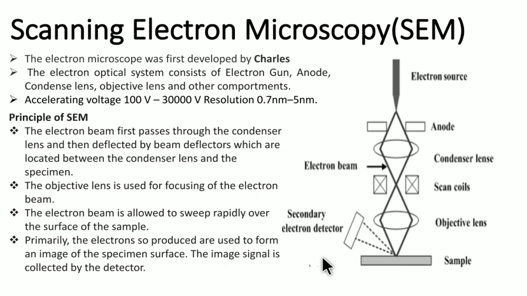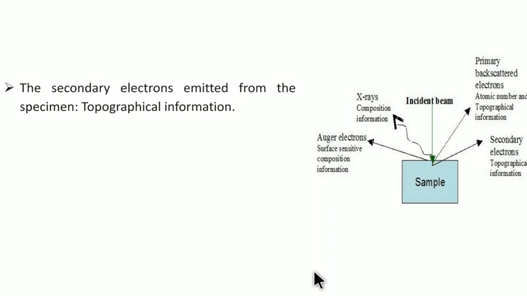Now students, we'll go for the cross-sectional view of this, so you can easily understand the things. The fast moving electrons impinge on the sample, and scattering takes place. Now these are all the possible signals.